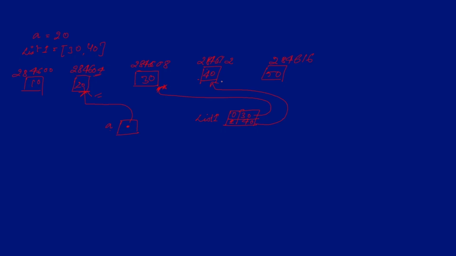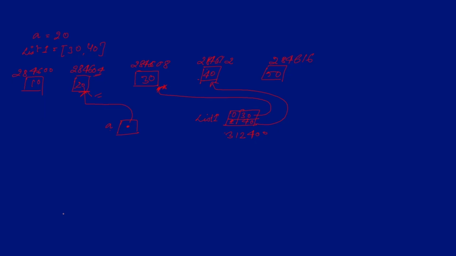So here a stores the memory reference of integer value 20, that is 284604. And this is the memory address of list1. Let's say the memory address is 312400.